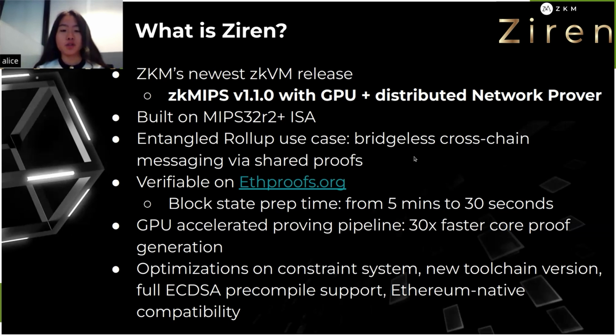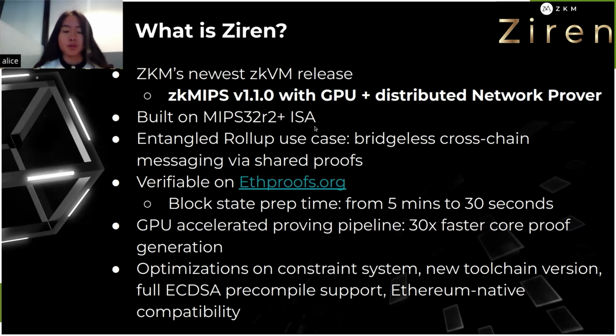It has the features from the ZK MIPS version 1.1, but also including GPU acceleration as well as a distributed proving network for network-based proving, which is an alternative to local proof generation. And we also have introduced some other optimizations for overall faster and cheaper proof generation.